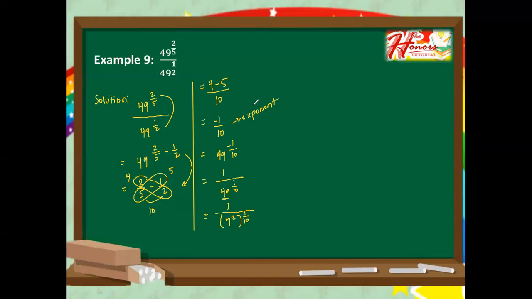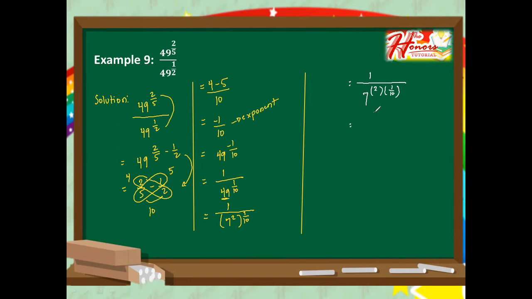And then let's simplify first the exponents that we have here. Let's solve for the denominator. So that is 1 over 7 raised to 2 times 1 over 10.